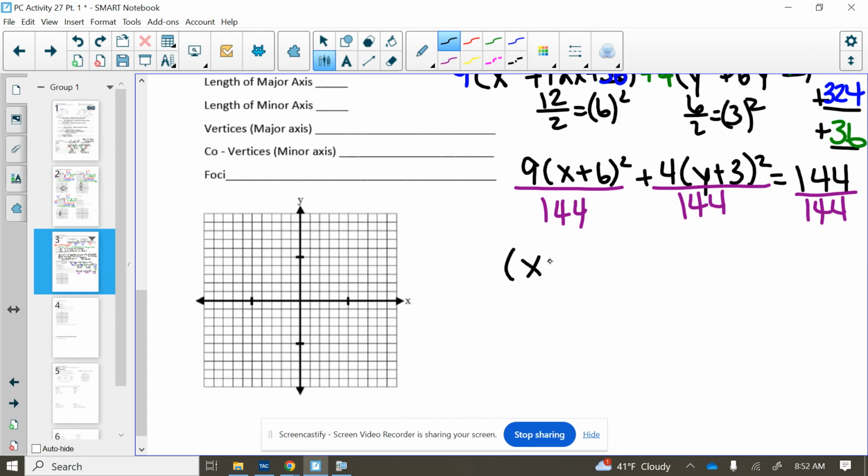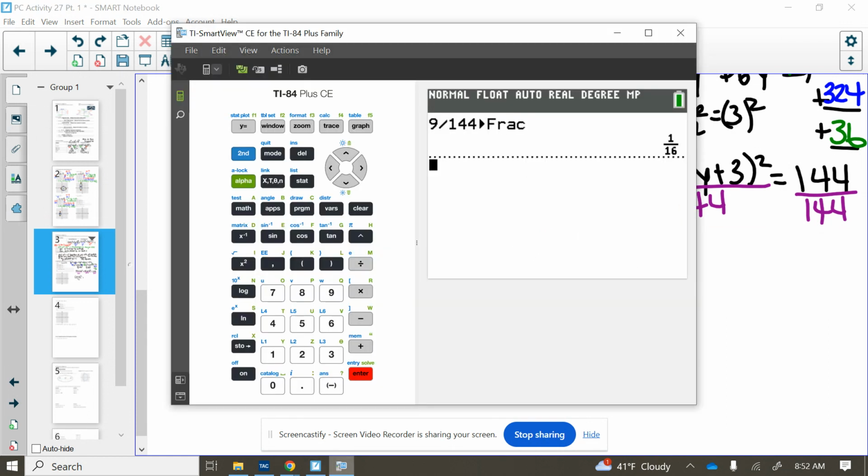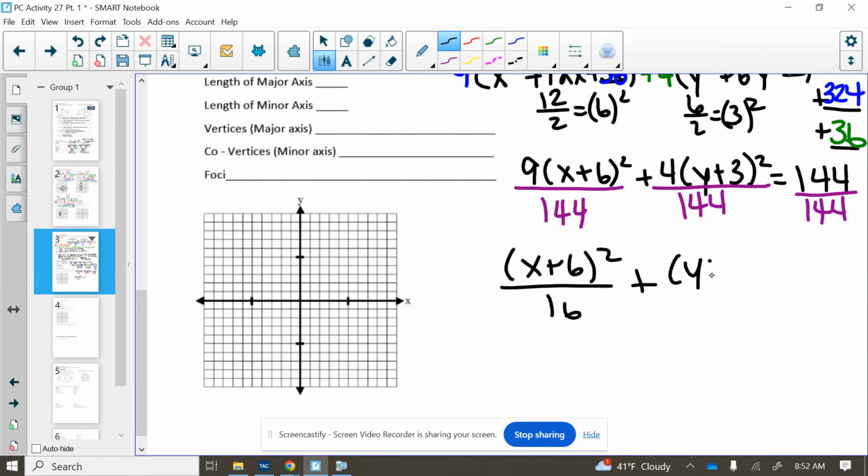And so we leave that as (x plus 6) squared on the top, 16 on the bottom. And then we could take 4 divided by 144. Again, make sure we reduce it. We get 1 over 36, so (y plus 3) squared all over 36 equals 1.